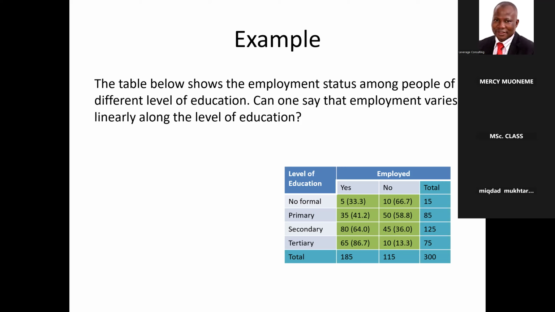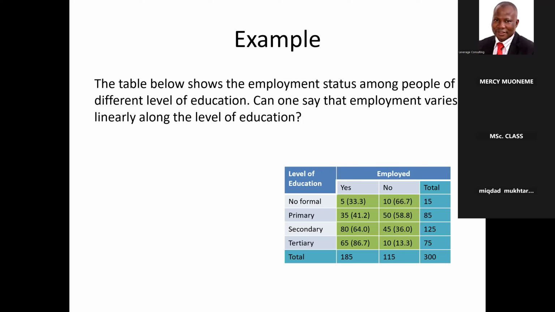In that situation, you have arranged them in order, and you can do chi-square for trend. Maybe education, civil service? No, it has no meaning, because in civil service, a cleaner is a civil servant. A doctor, an engineer, an accountant also work in the civil service. So when someone says civil service, it doesn't show anything.